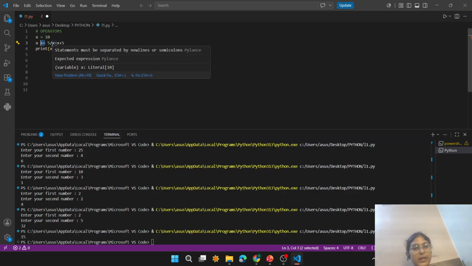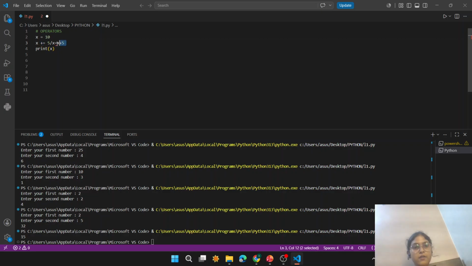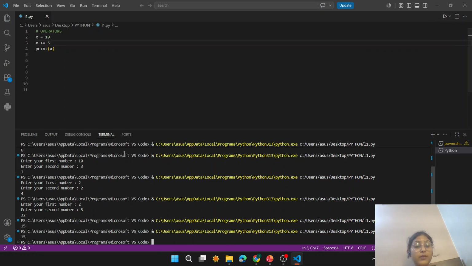Let's do a thing. Since I have already given the example of this one, let's try to print this one. Let's see if we get the answer 15 or not. Here, see, the answer is 15. Okay, so both of them literally mean exactly the same, but the second method is a little bit cleaner. You see? So this is an assignment operator.